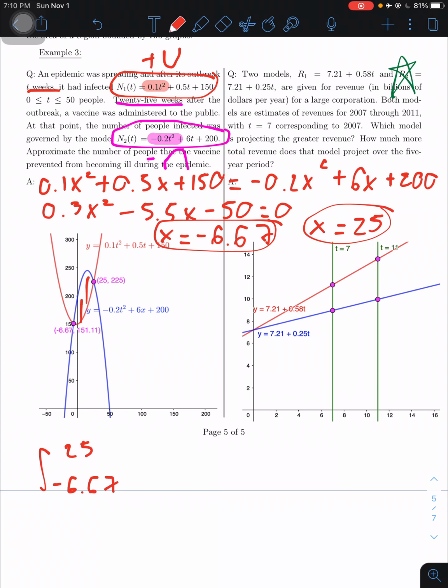But without a graph, that will be hard to tell. So make sure you graph them first. That's the best advice for you guys. But most of the time, usually the upside down U, this one here in pink, minus the other one.